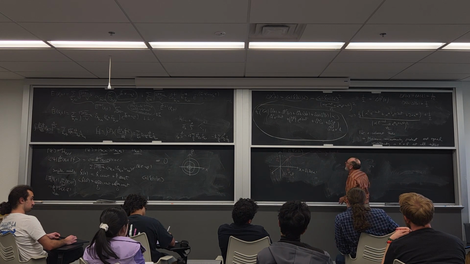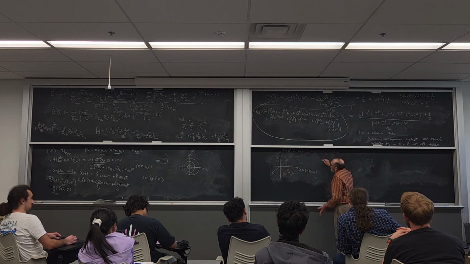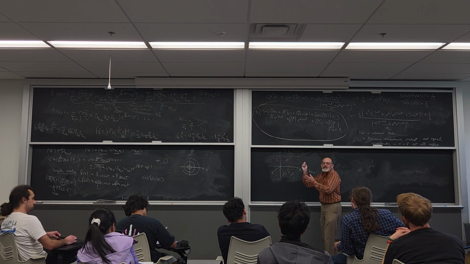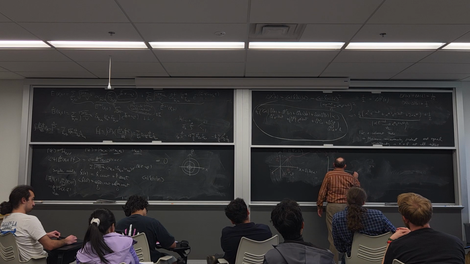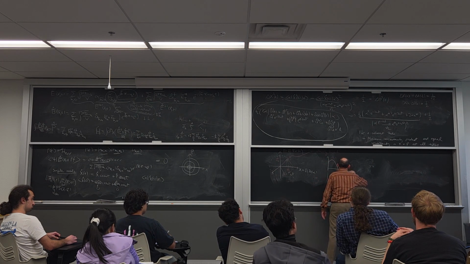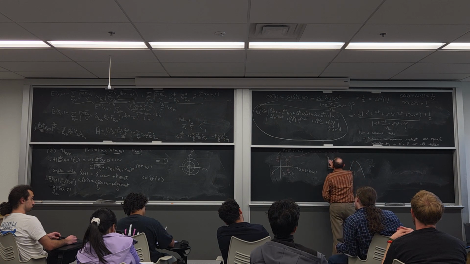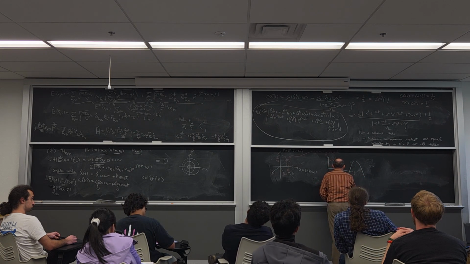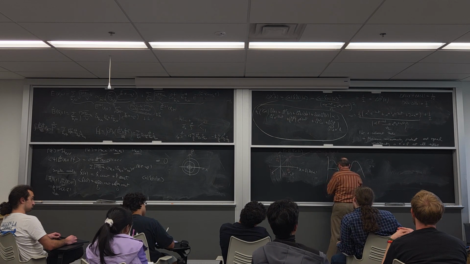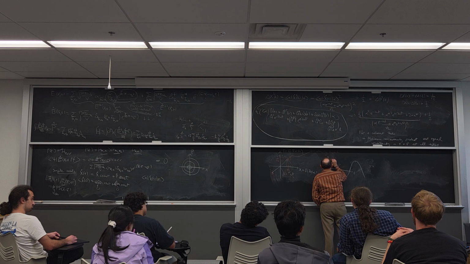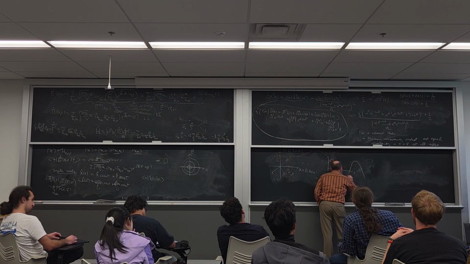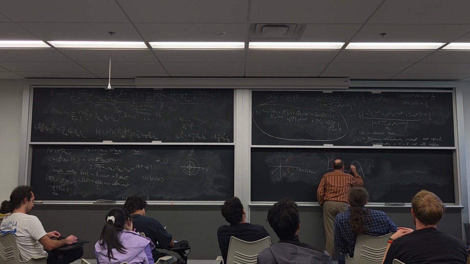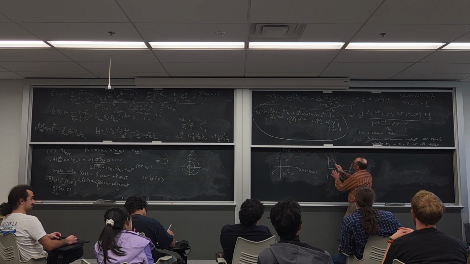So if I were to try to measure the electric field, or rather the position of the oscillator, which I can think about for a multimode thing as the electric field as a function of time, well, that's what the mean value would be, but it really has some quantum noise around it.